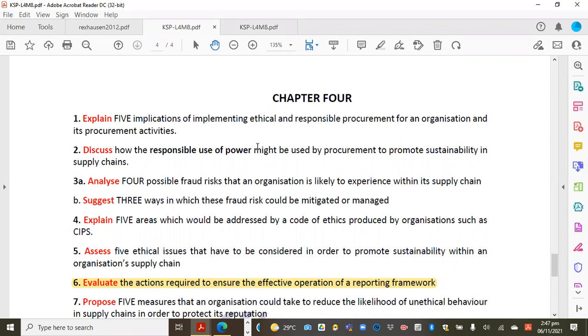Now, when we talk about ethical and responsible procurement, we are talking about issues of fraud, conflict of interest, corruption, environmental sustainability, social sustainability. We are looking at human rights, amongst others.